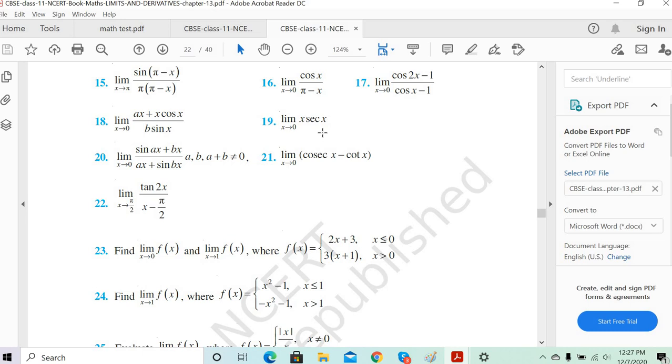If you want to apply for the sin x, we can do that. But cos x anyway, as x tends to 0, cos x in the denominator will be 1 only. So you can apply the limit directly. x by cos x, we apply the limit x equal to 0. The answer will be 0 only, because it will become 0 by 1, no?